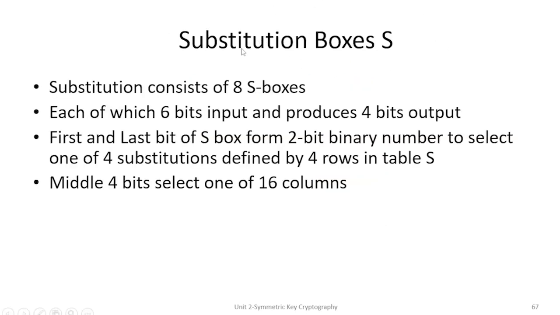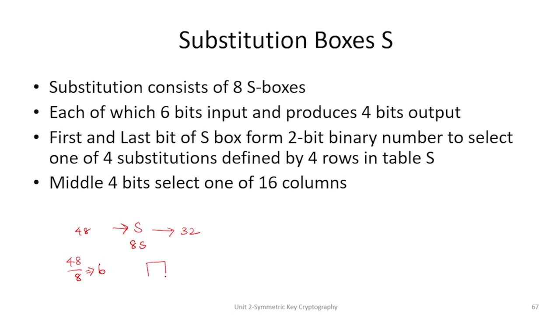The third round function is substitution. It contains 8 S boxes. The input of an S box is 48 bits and the output of the S boxes is 32 bits. Totally 8 S boxes are available. If you divide 48 by 8, how many values? 6.